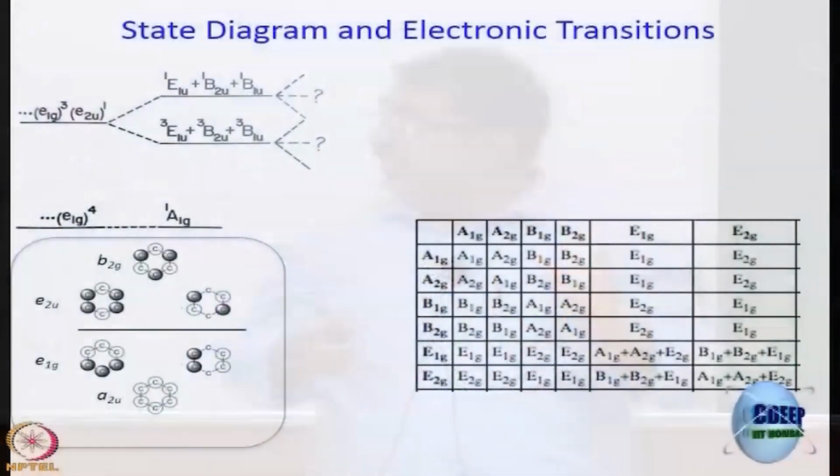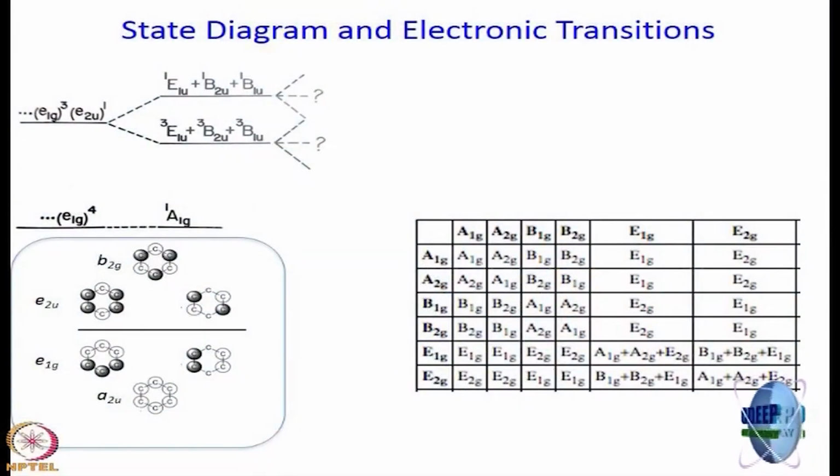But now, 1 electron is in E1G, 1 electron is in E2U. So, I can take combinations that are singlet, I can take combinations that are triplet. So, you will end up getting all these states, singlet and triplet, E1U, B2U, B1U.